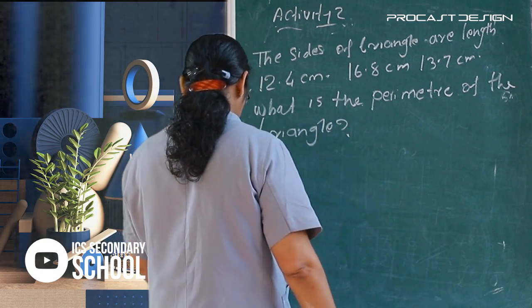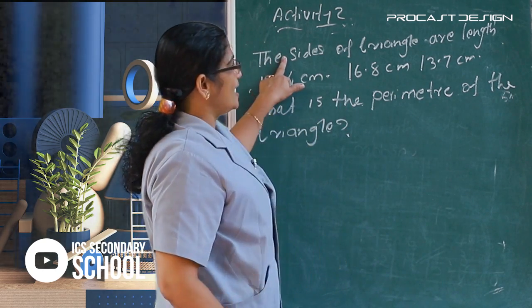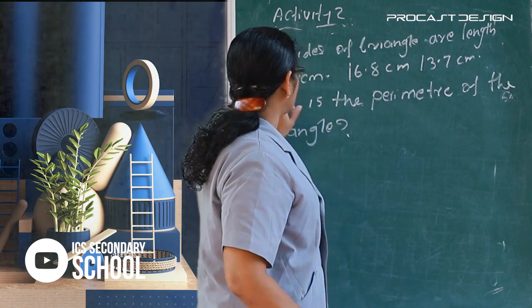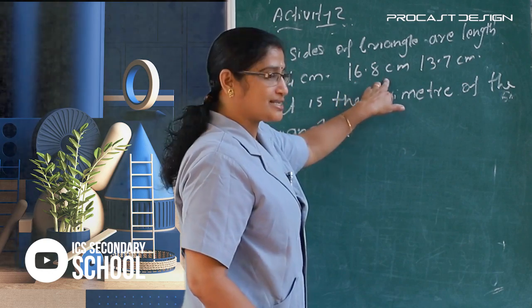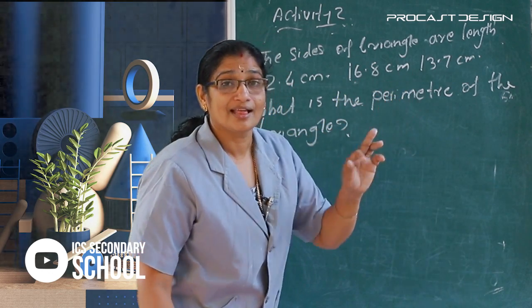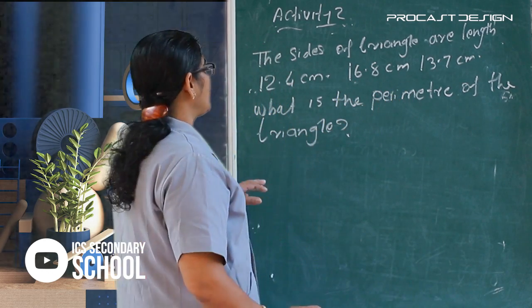What is the perimeter of this triangle? The sides of the triangle are length 12.4 centimeter, 16.8 centimeter and 13.7 centimeter.